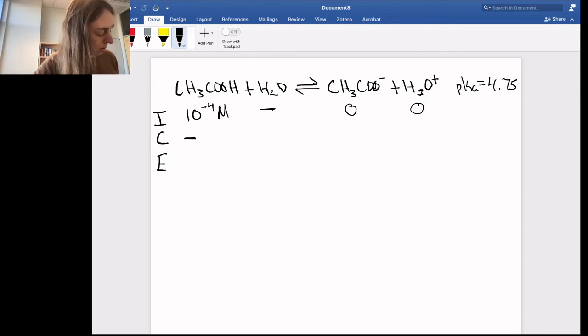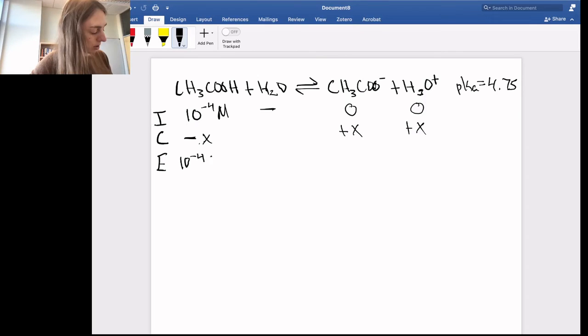Then we're dissociating some amount of our acetic acid into our products, and that is going to be gained as products. So minus x, plus x, and then plus x for the change line. And then at equilibrium, we have the initial concentration of acetic acid minus x, and then 0 plus x is x, and 0 plus x is x.